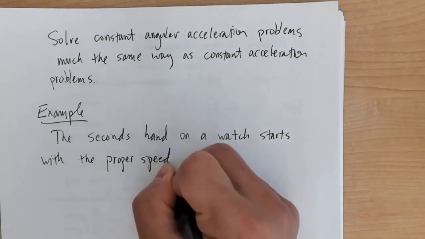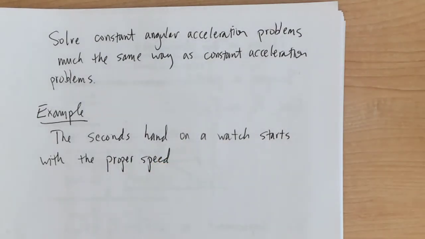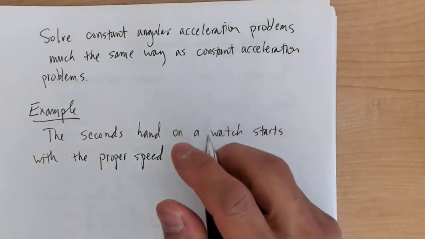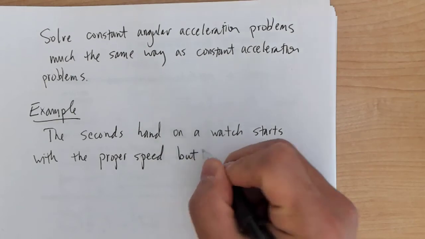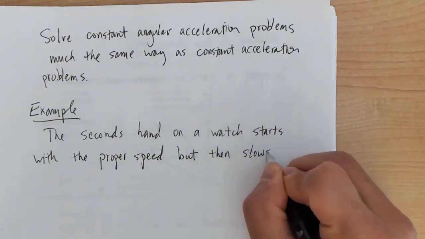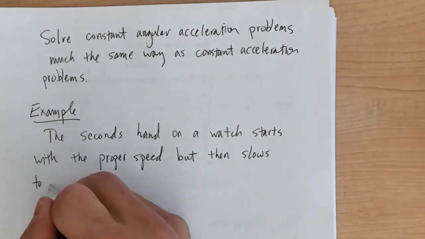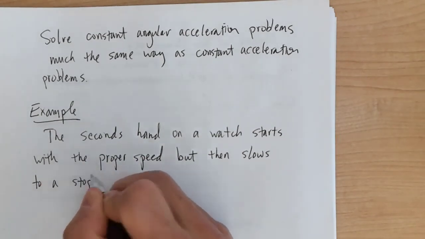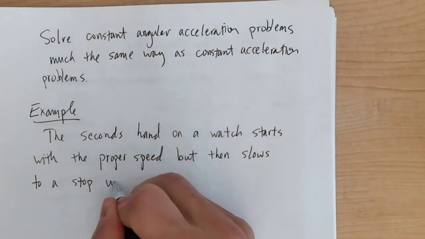Remember, the seconds hand on a watch goes around one time, one revolution per minute. That's what a second hand is supposed to do. So it starts with the proper angular speed, but then slows to a stop uniformly.